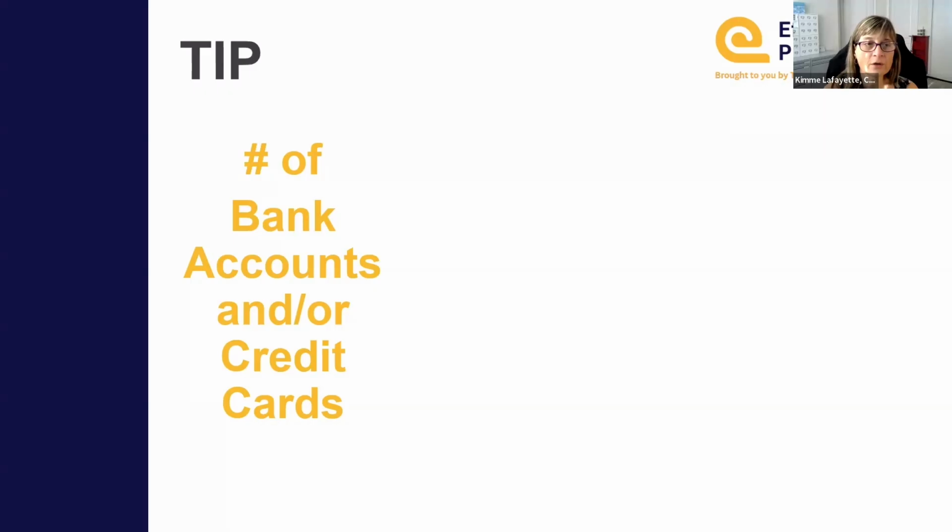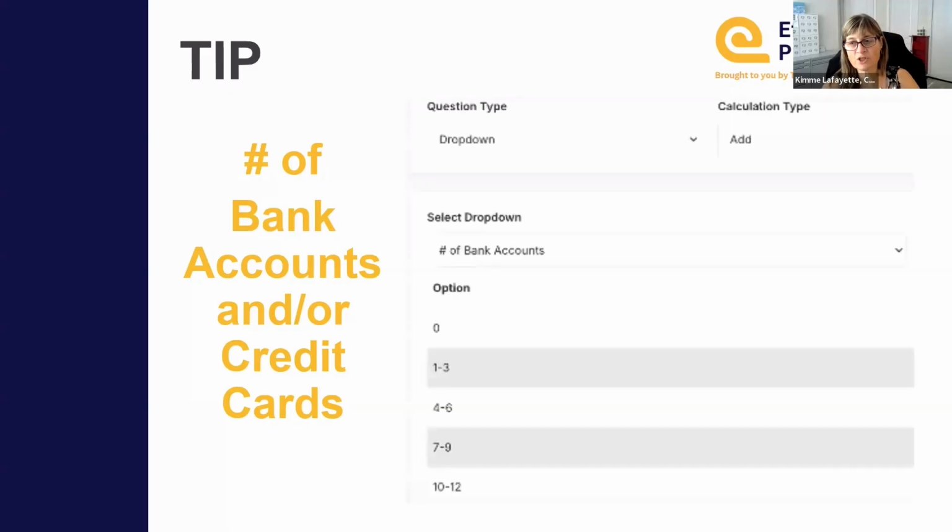She found with her clients that they were changing the number of bank accounts frequently. She used to price per account, but found she was having to reprice clients frequently every time they added or closed an account. So she changed her model to a range of accounts. And again, I've removed her price.